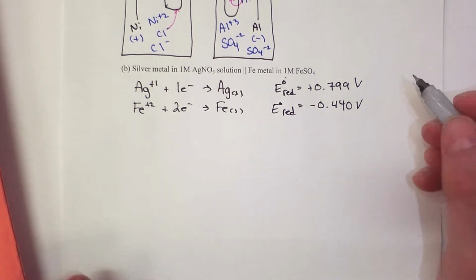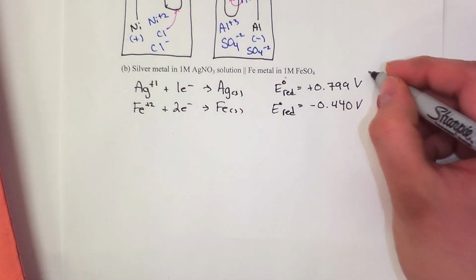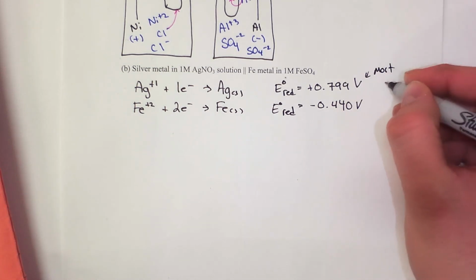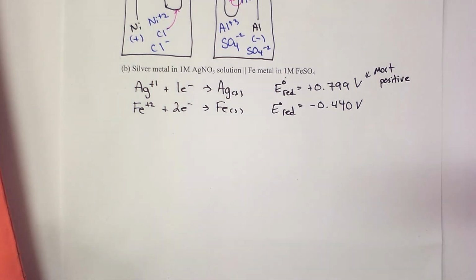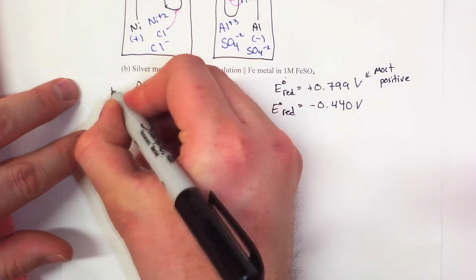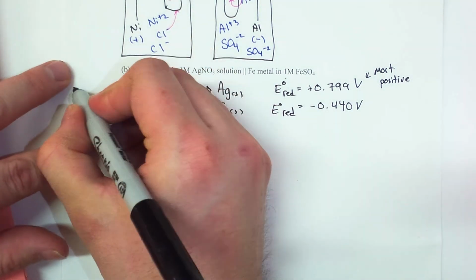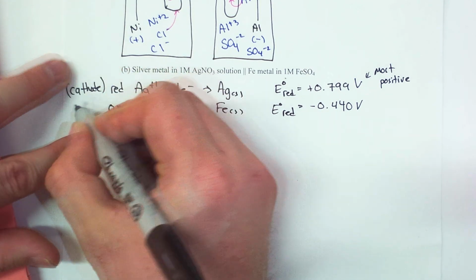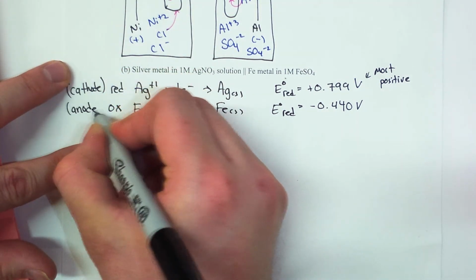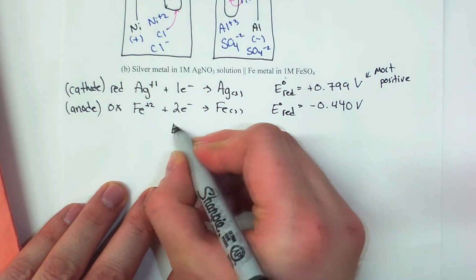So we look for the most positive one, which is this. The most positive one will be the one where reduction takes place, meaning this is where oxidation takes place. Reduction will take place at the cathode, and this will take place at the anode then. We write out the equation.